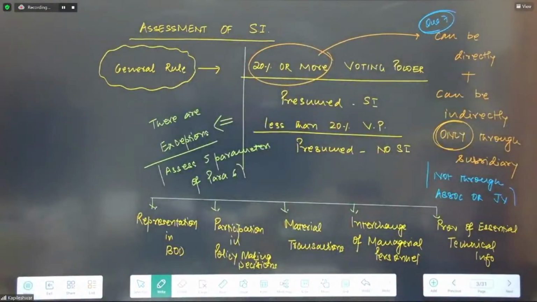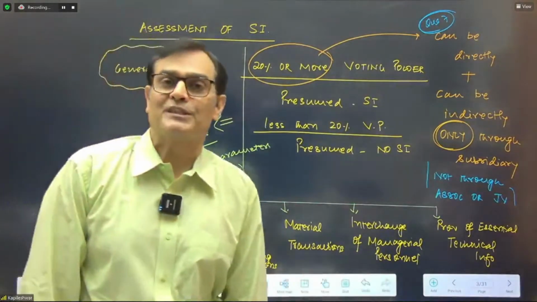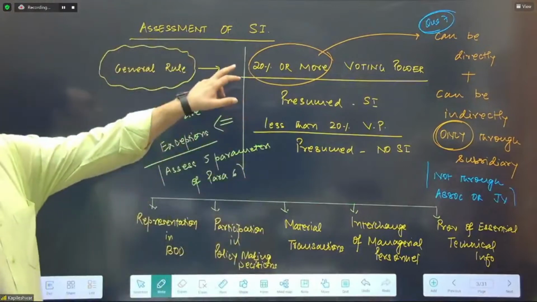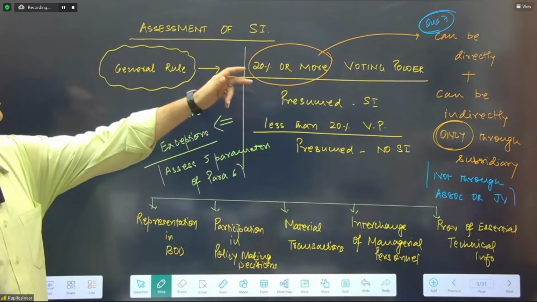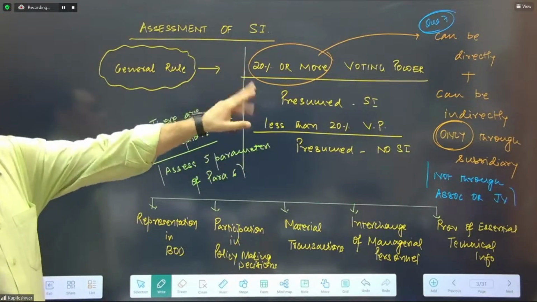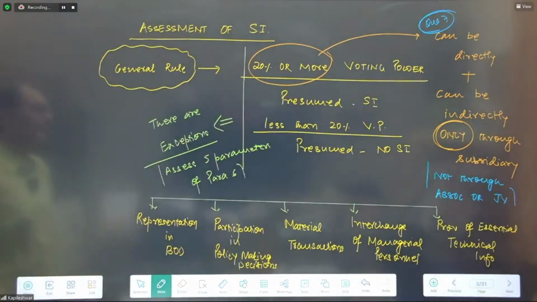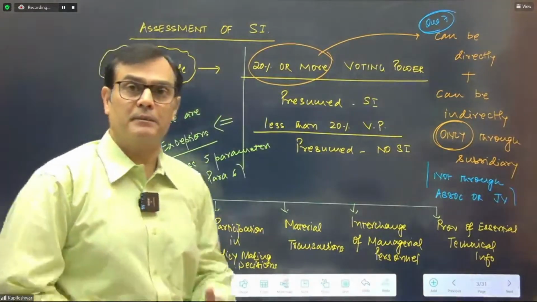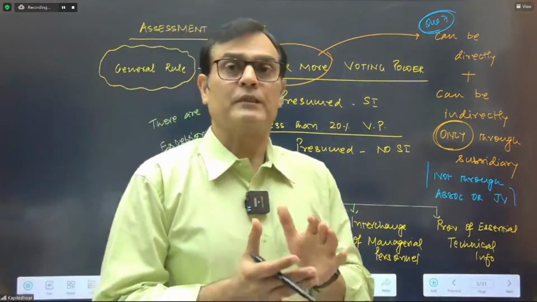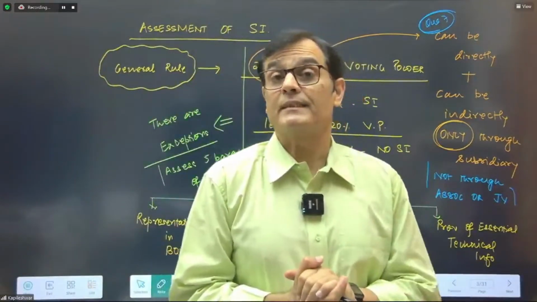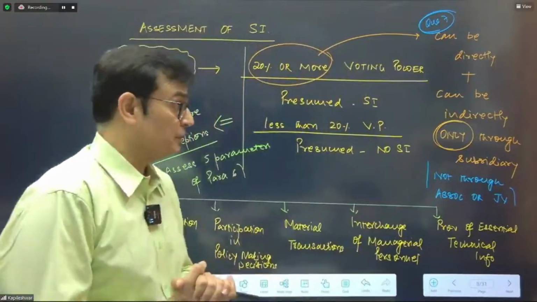Okay. So this gives me the inputs on the significant influence assessment: the general rule of thumb is 20% or more implies SI, less than 20% no SI, and this 20% or more can be held directly, or indirectly only through a subsidiary, not an associate or joint venture.